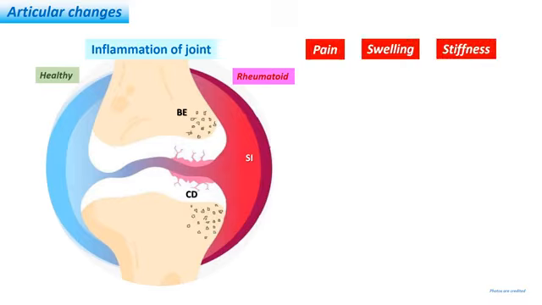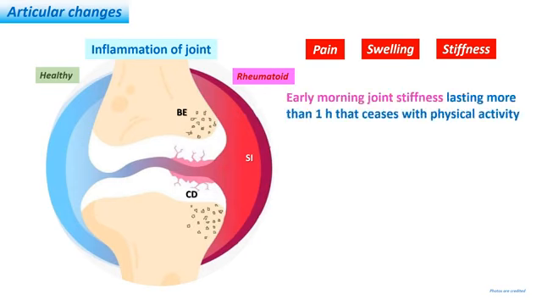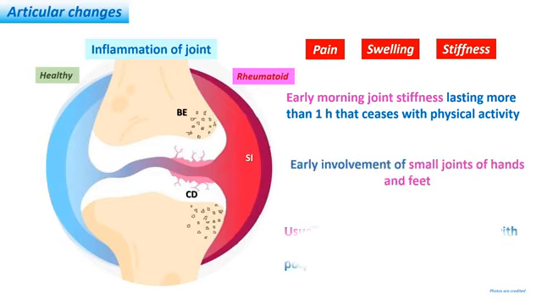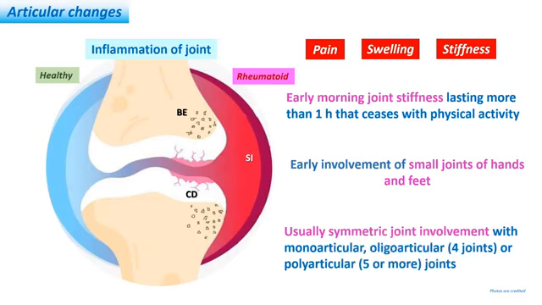And the three most important features of rheumatoid arthritis: number 1, early morning joint stiffness lasting more than 1 hour that eases with physical activity. Next, the early involvement of small joints of hands and feet. And third, usually symmetric joint involvement, with monoarticular, oligoarticular or polyarticular involvement.